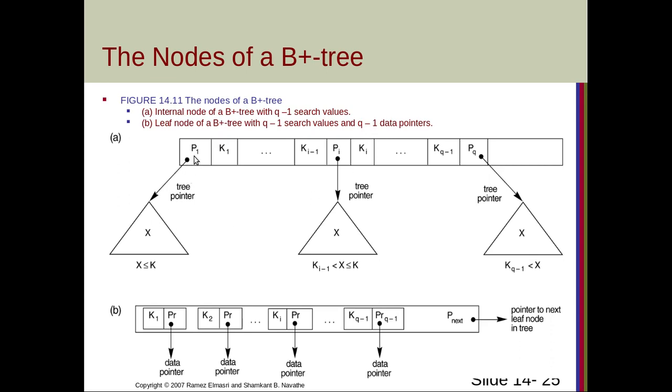Now P1 is pointing to a subtree which has key values less than K1.